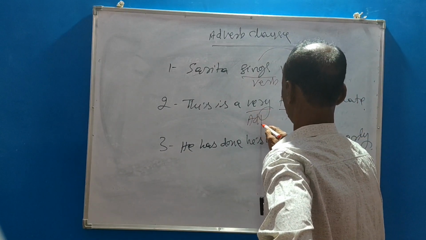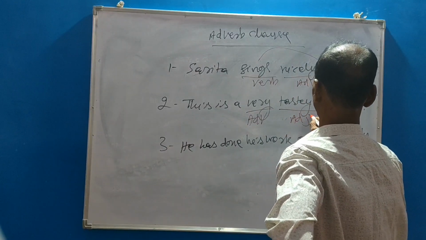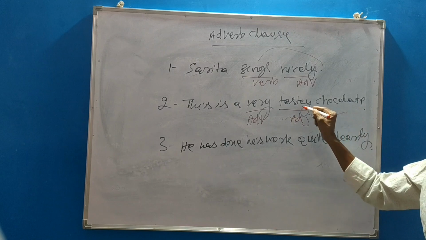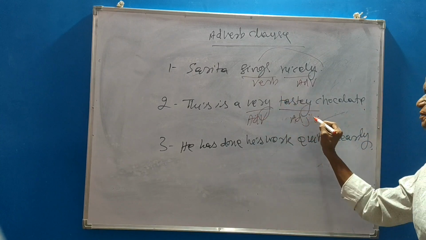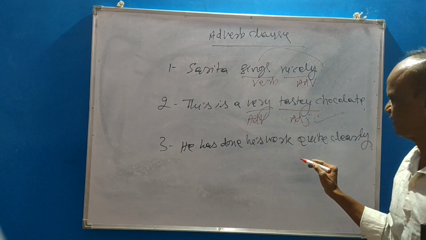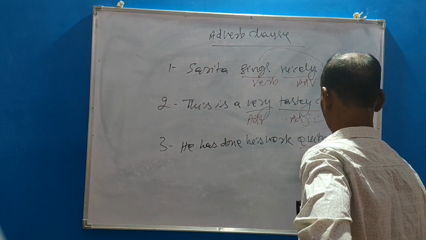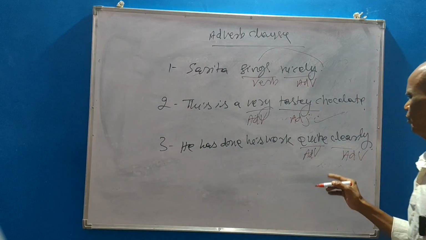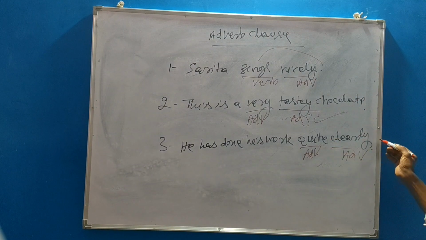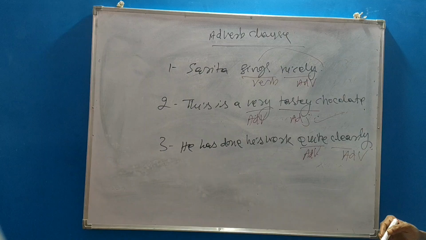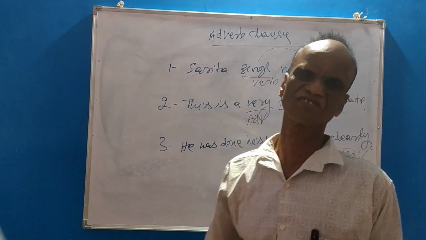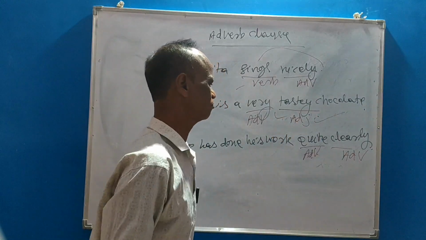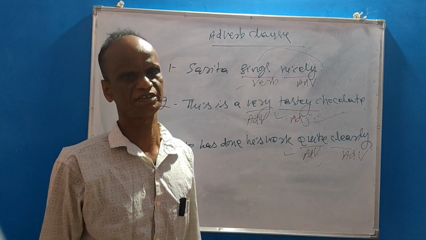Very is an adverb, tasty is an adjective. The adverb modifies the adjective. Tasty chocolate. The adverb modifies tasty. Next, quite clearly: quite is an adverb modifying another adverb, clearly. So an adverb in a sentence modifies a verb, an adjective, or an adverb.